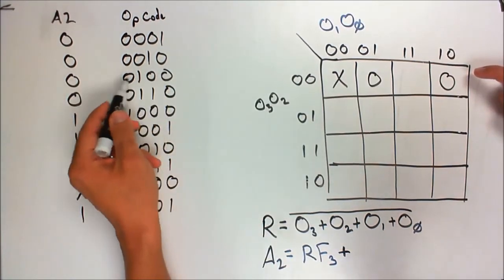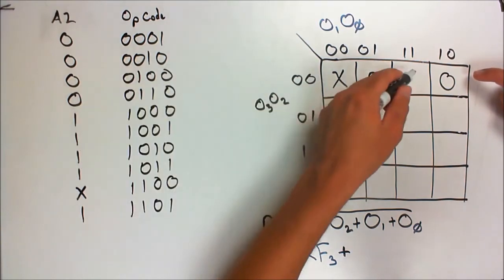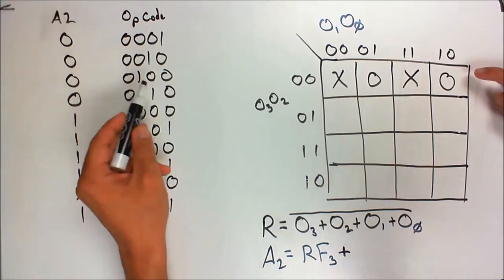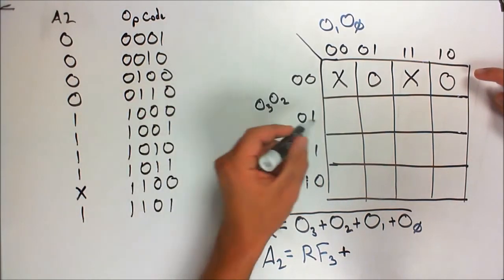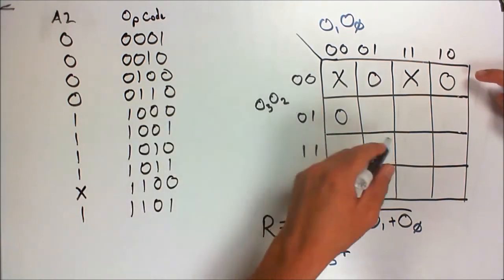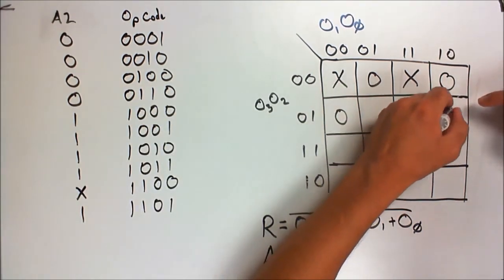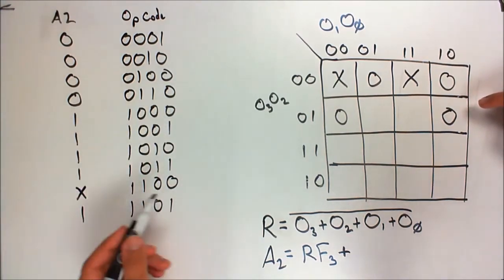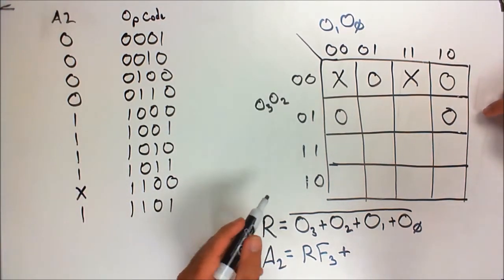Then notice we skip 0011. So we put a don't care there because it's not actually in the list. For 0100, it's a 0. For 0110, that's a 0. And then the rest of them, we sort of count up from there, and we've got some don't cares in there.